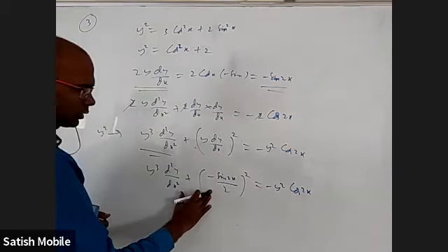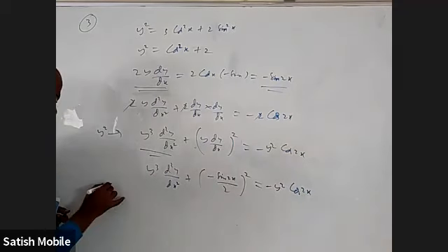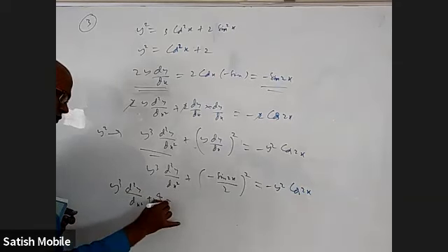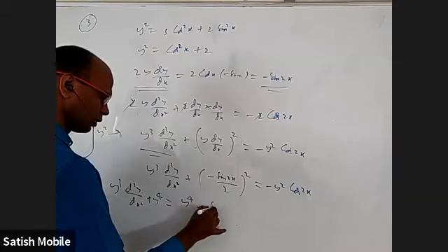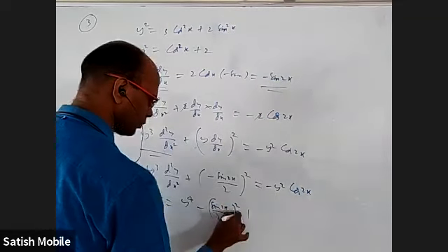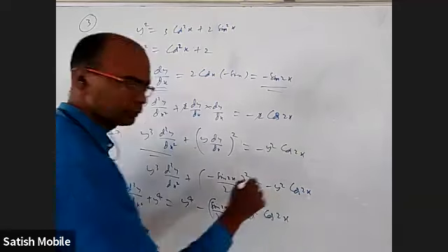Okay, this is good, and I wanted y power 4. Send this to that side and add y power 4: y cube d square y by dx square plus y power 4 is equal to y power 4 minus sine 2x by 2 whole square minus y square cos 2x.